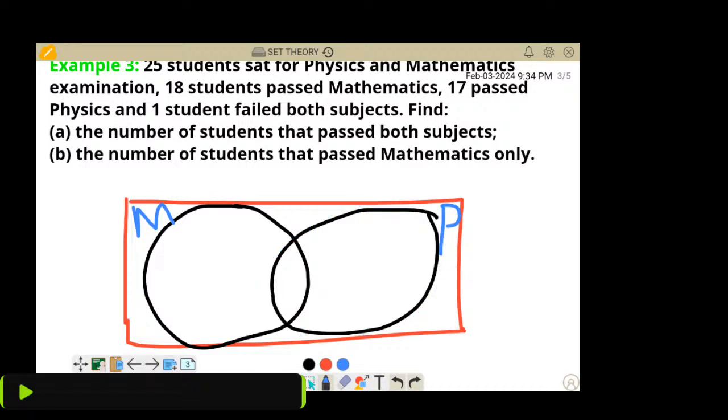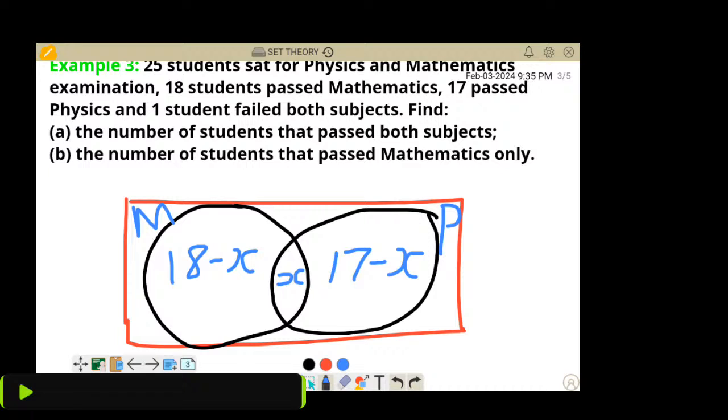But in the question, they ask us to find the students that passed both subjects, and that region is represented with this place, but we don't know it. So let's use letter X to represent those that passed both subjects. If X is here, and 18 students passed mathematics, therefore this place will be 18 minus X, because this region is part of mathematics. And also 17 passed physics, so this place will be 17 minus X.